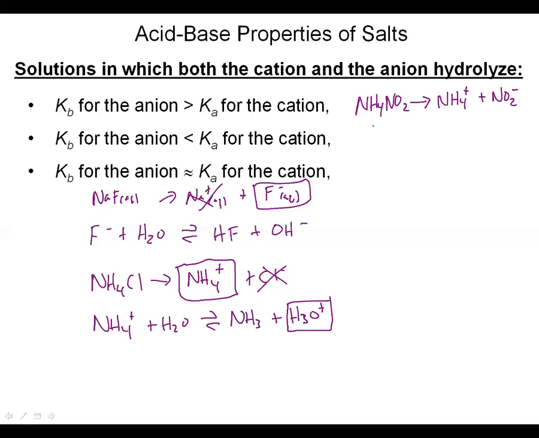And where this salt most likely came from was the combination of HNO2, which is a weak acid, plus NH3, which is a weak base.